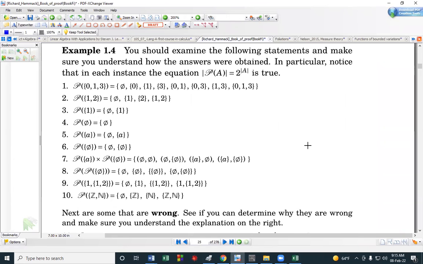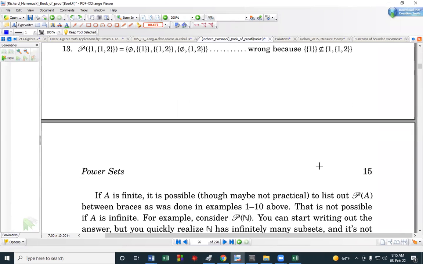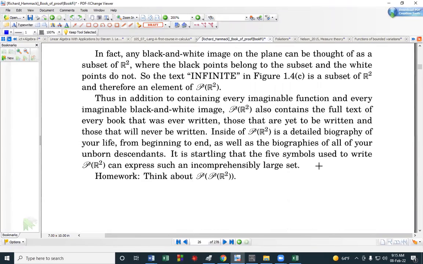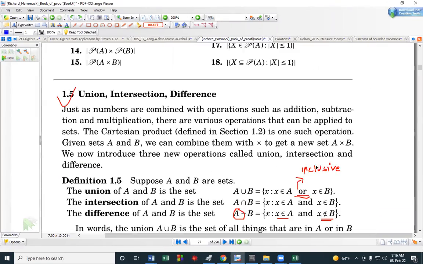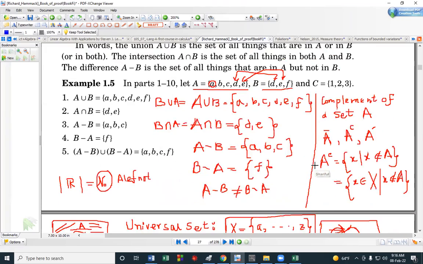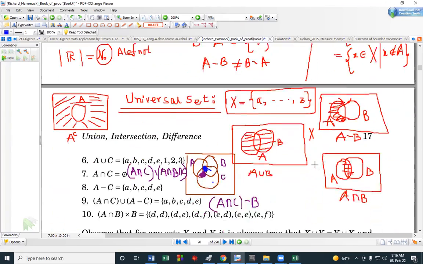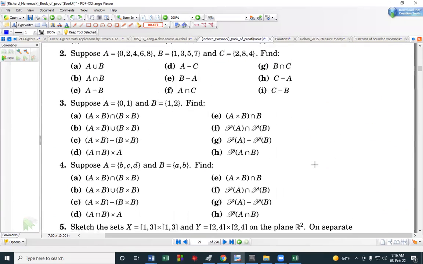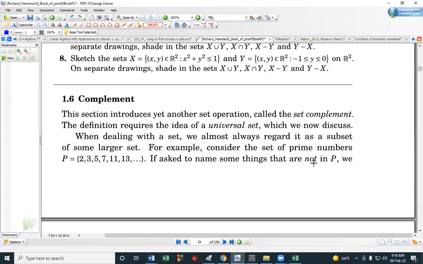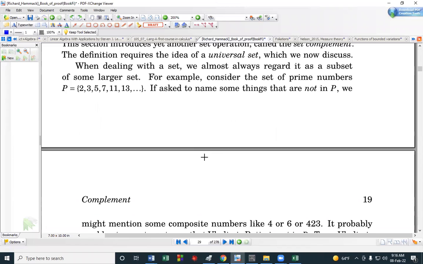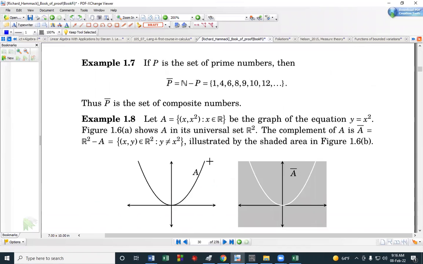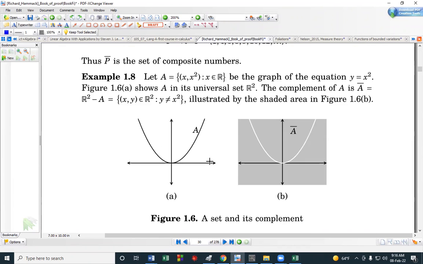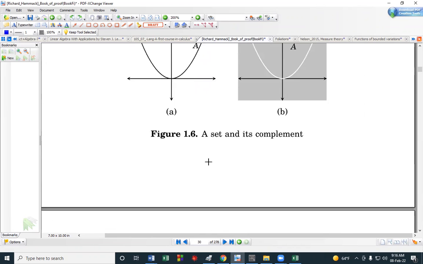Make sure you understand every detail you are reading. That is the way of studying mathematics. You have to work out as many exercises as possible, and only by working out exercises can you learn mathematics properly. I guess we talked about complement. We are not talking about complement anymore, except a few examples.